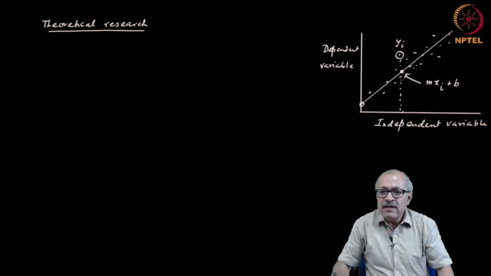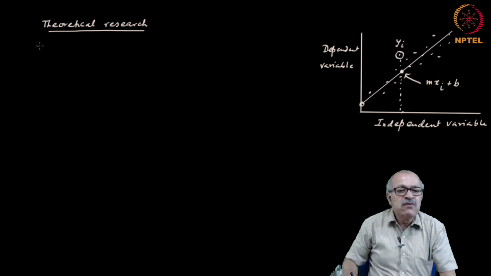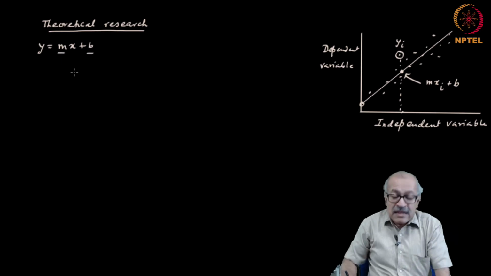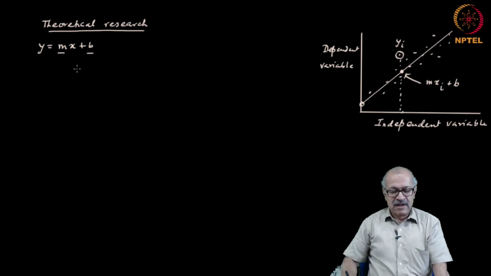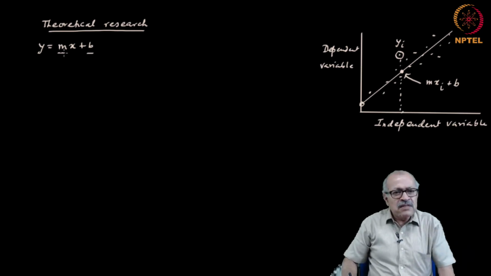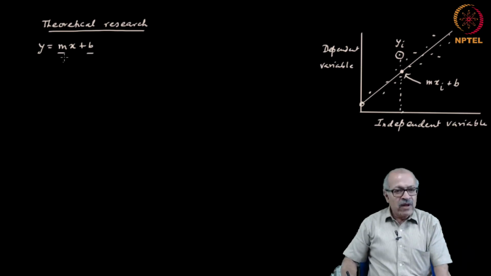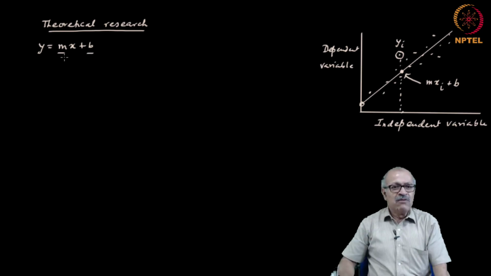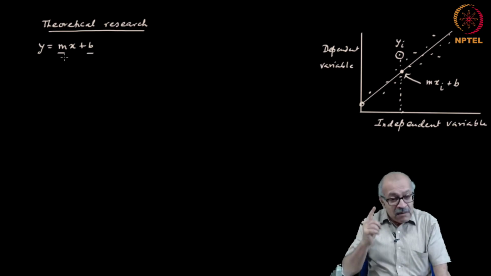But obtaining what you have just obtained, that means we have obtained y is equal to mx plus b, does not suffice. The reason is that we have obtained some values, but whenever we want to state it, we always have to state it with the error bar.